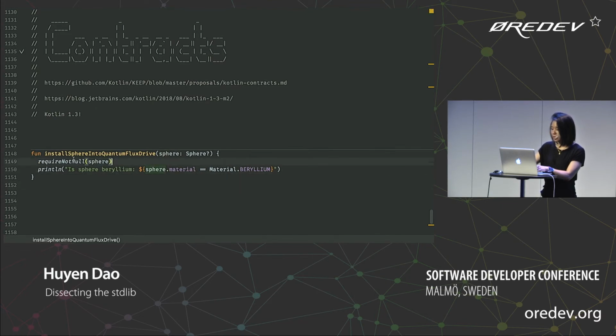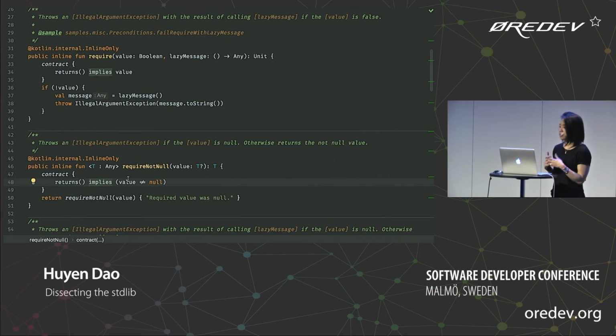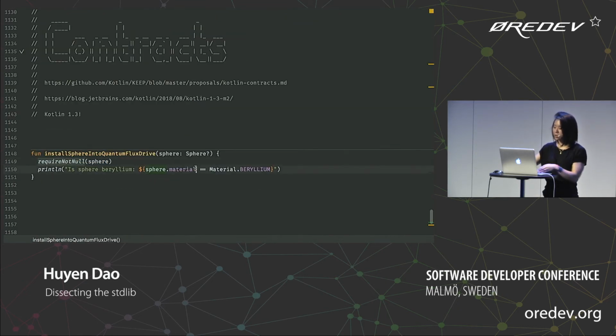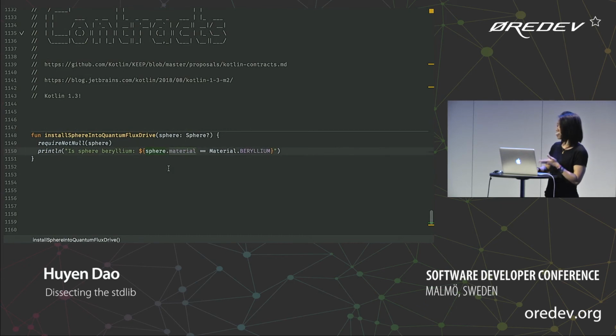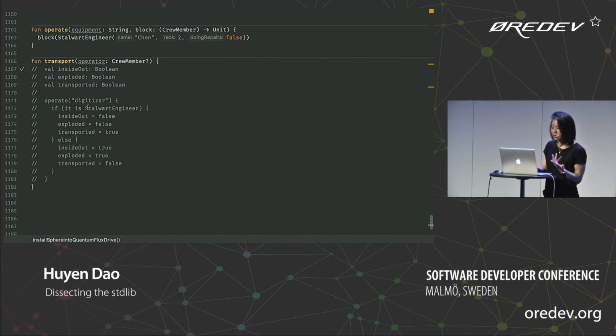Because of contracts, there's this construct, and it says, if you have this method and it returns, then I can promise you, compiler, that this parameter value is not null. That allows the compiler to make the smart cast, because it knows I got here, requireNotNull must return, so my sphere parameter was non-null. And you can use this to create your own really awesome constructs.